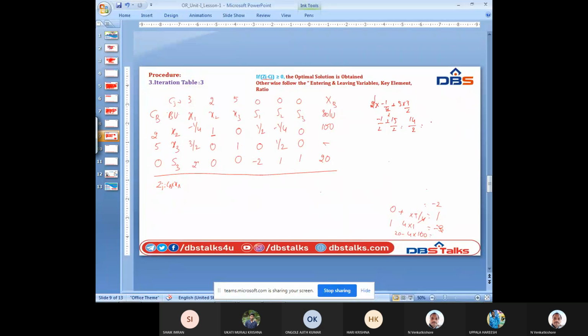So 14 by 2, that is... then this is 2 and this is 5 0 0 0, that is 1 minus 1 by 2, minus 1 by 2 plus 5 by 2. What is it? 4 by... 0 0. The solution is 200.